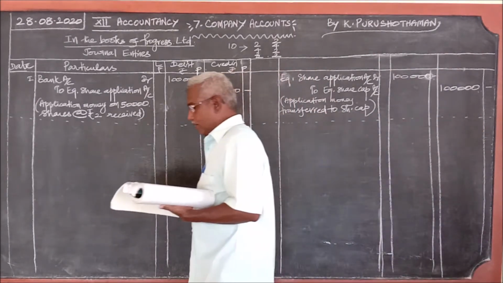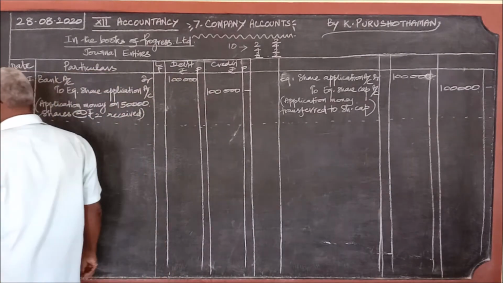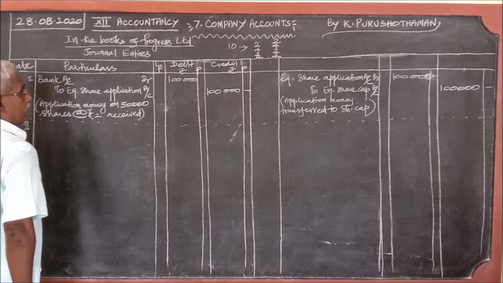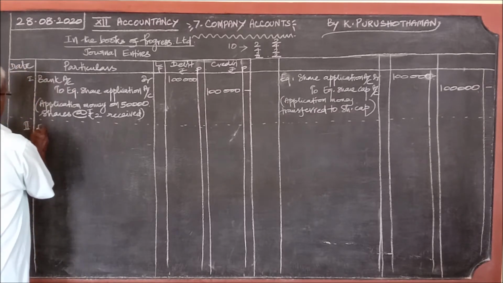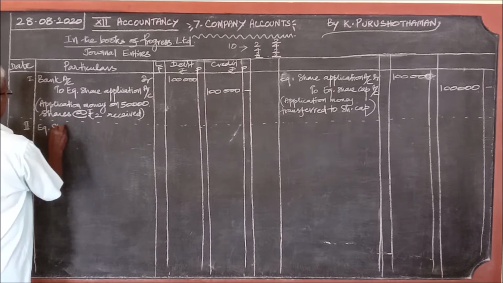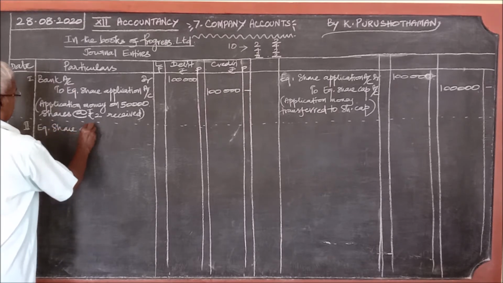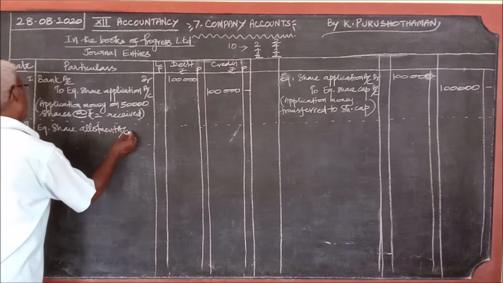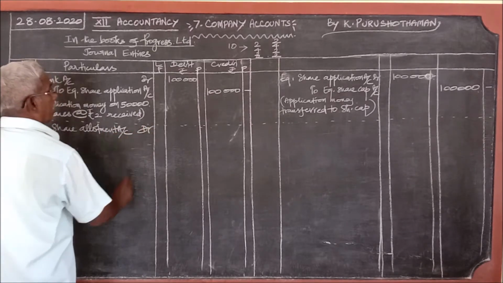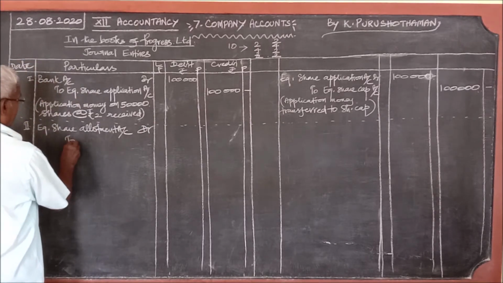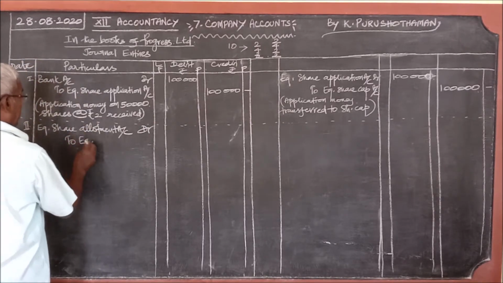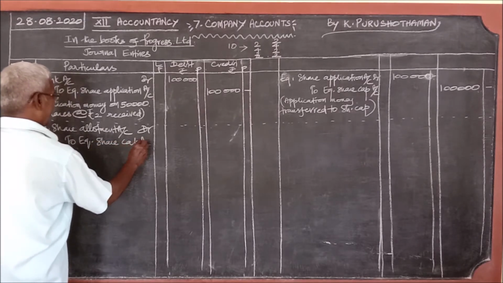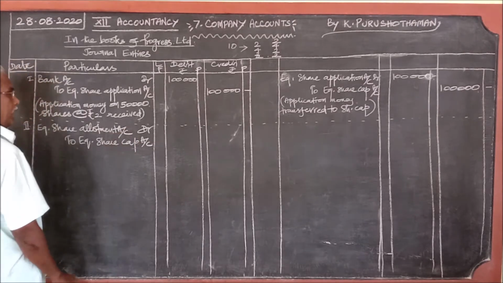What about the second stage? Second stage is allotment. Equity share allotment account debit to equity share capital account.